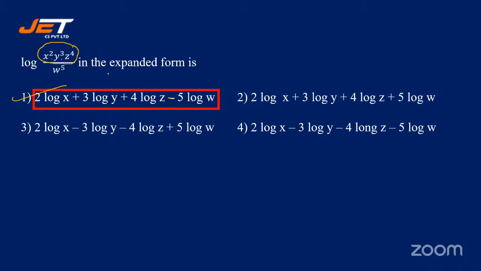Reddy, Sai, Vijaya, Sharanya, Vinay Patel. Vinay Patel says 1 or 4. No, it should be only 1. Reddy says 1. Okay, so Meghna, only 1. If you write that, that's enough. You don't have to write infinity times of 1. Venu, you're right. Yes, students, good. Now let's move on to the next question.